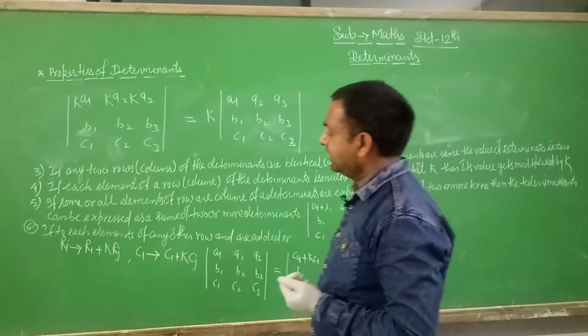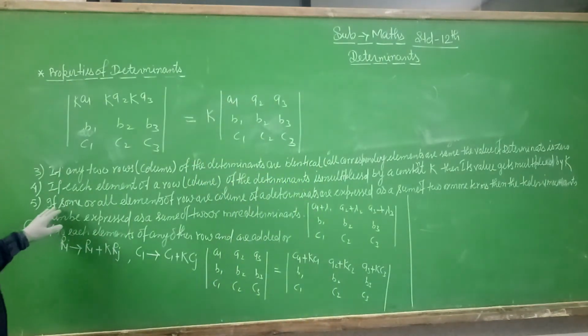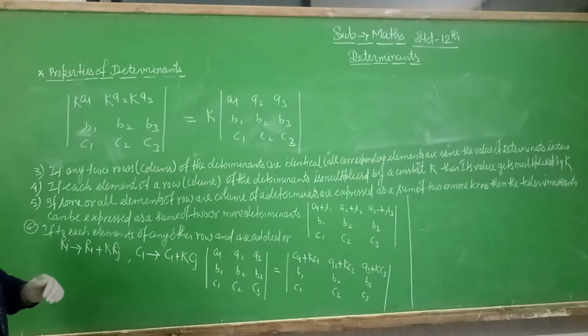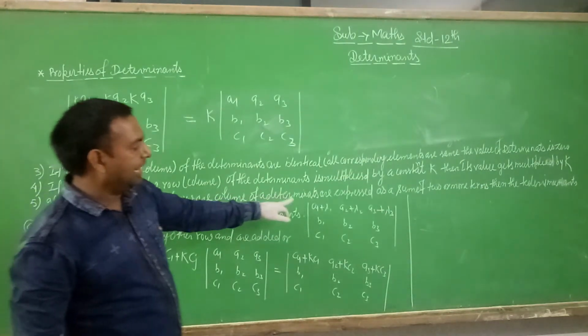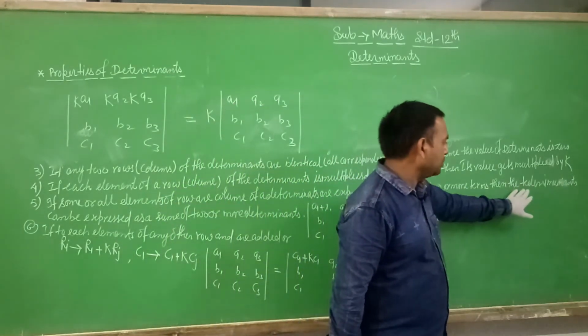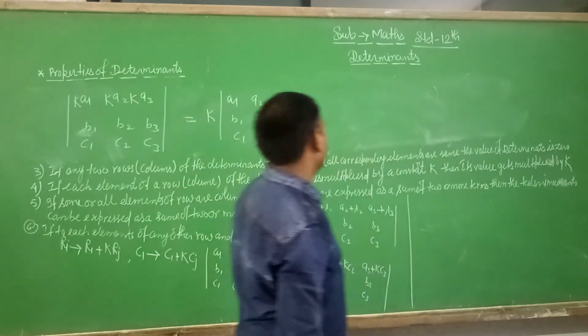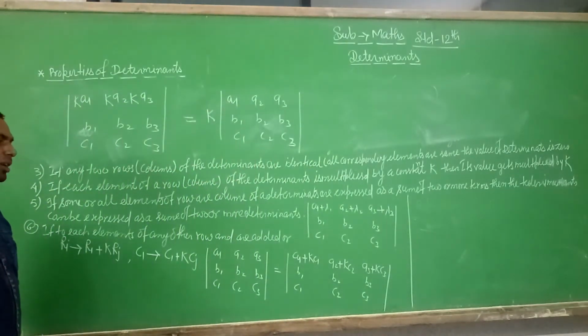Next property is, if some or all elements of a row or column of a determinant are expressed as the sum of two or more terms, then it can be expressed in the form of the sum of two determinants.